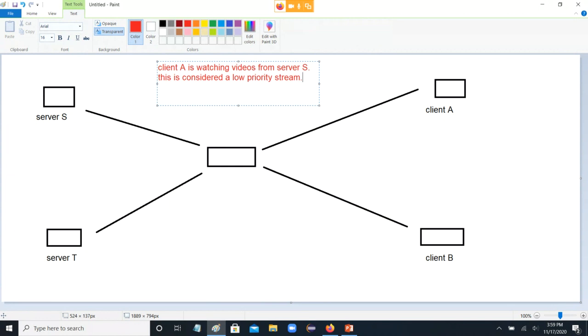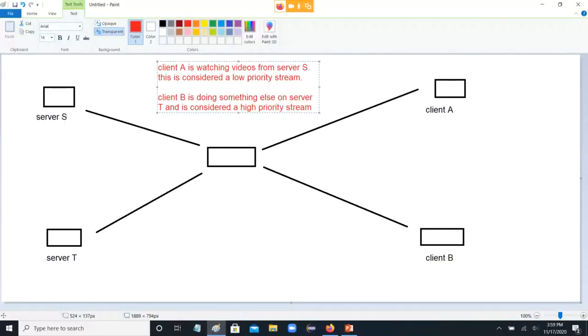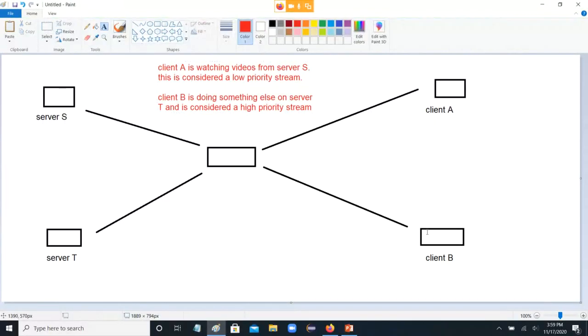For whatever reason, client A's traffic is considered less important than client B, who is doing something else with server T and is considered a high priority stream. Okay, don't need to know what client B is doing, but whenever client B contacts server T, he gets priority, right? So whatever server T does, that goes to the top of the stack.